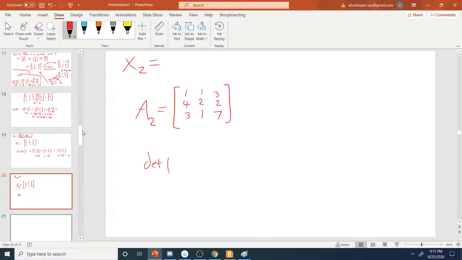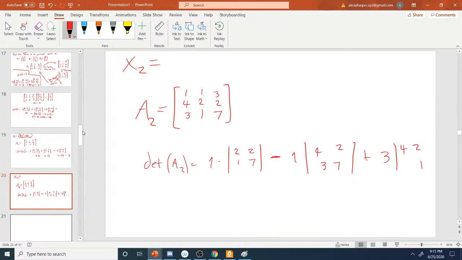And the determinant of A2 is going to be 1 times the determinant of 2, 7, 1, 2, minus 1 times the determinant of 4, 7, 2, 3, plus 3 times the determinant of 4, 1, 2, 3. So we have to do this computation. This right here is just 12.